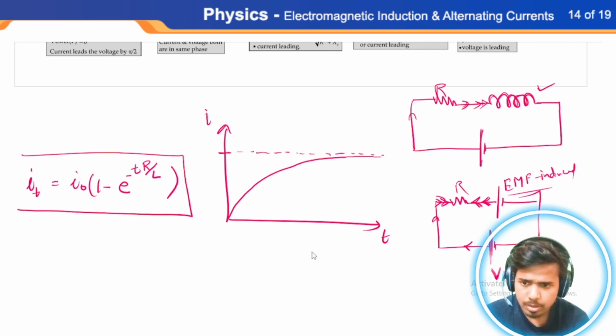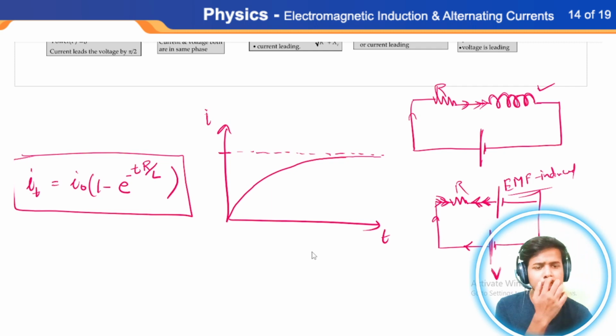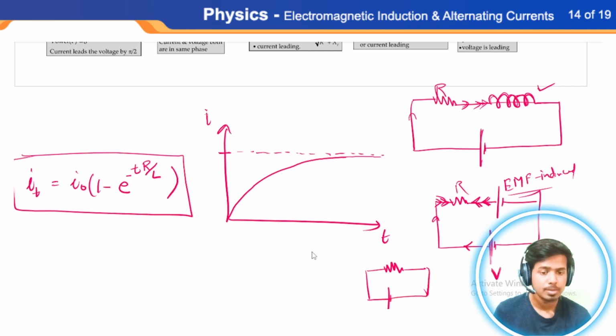Now, at a very long time, this inductor will not actually change, no flux will change in it. So it will act as a straight wire, because the inductor offers no resistance now.